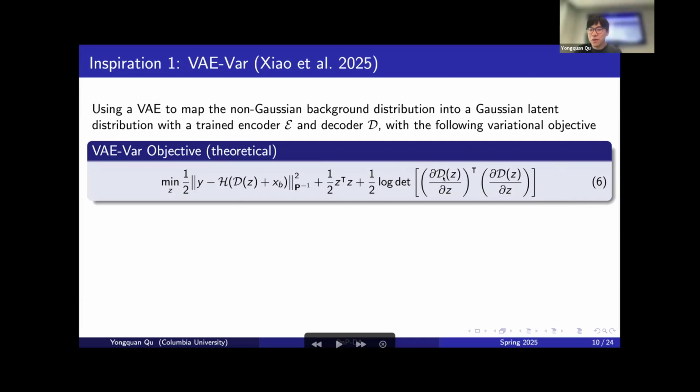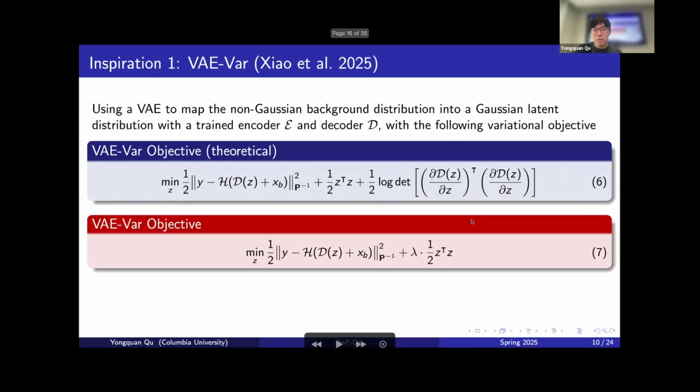Otherwise you won't have a non-singular Jacobian matrix, which means the determinant can go to 0, and the log will go to negative infinity. Before taking the gradient, the whole thing is computationally infeasible. That's why they have to come up with this simplification to remove the whole log determinant of Jacobian term.